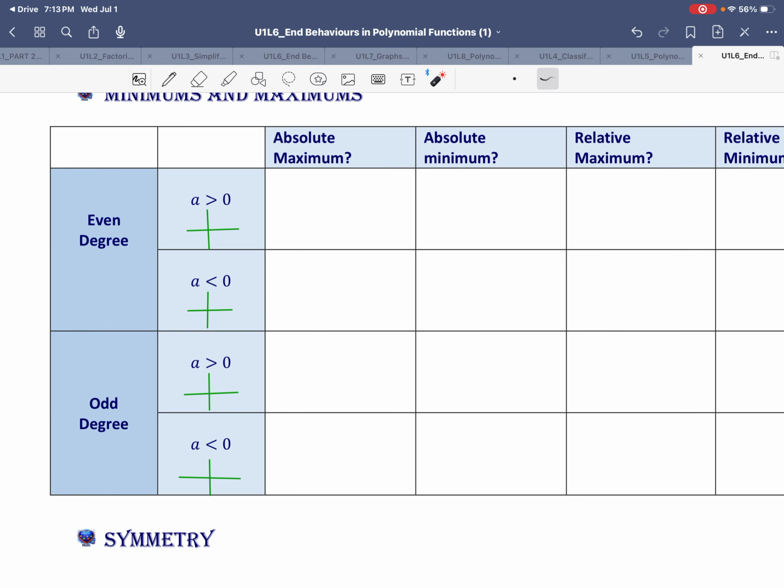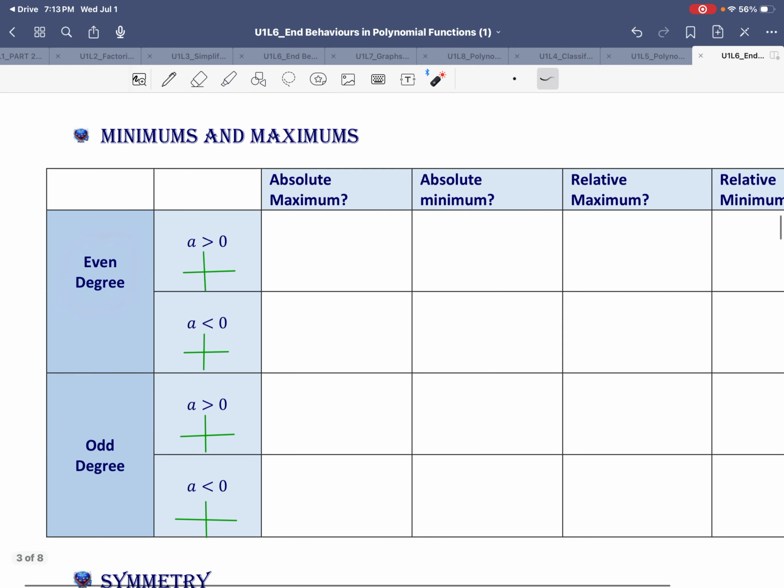So if we have an even degree polynomial function, as we mentioned before, then the graph of an even degree with a positive leading coefficient will open up. I'm going to start off with a parabola here, which is the simplest even degree polynomial function. When a is negative, it's going to open down. Now, when an even degree polynomial function has a leading coefficient that is positive, it will have an absolute minimum.